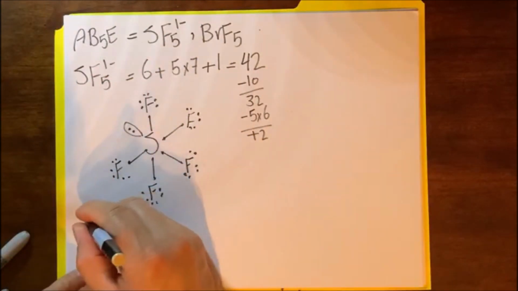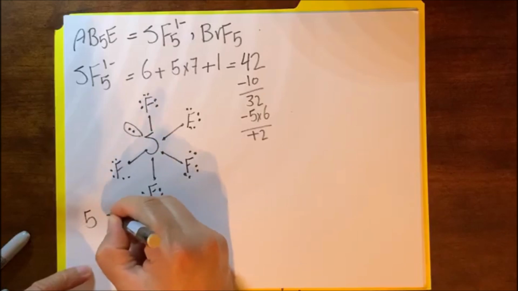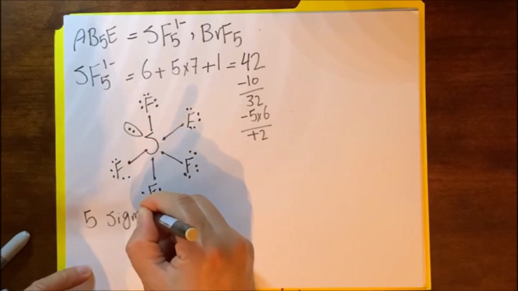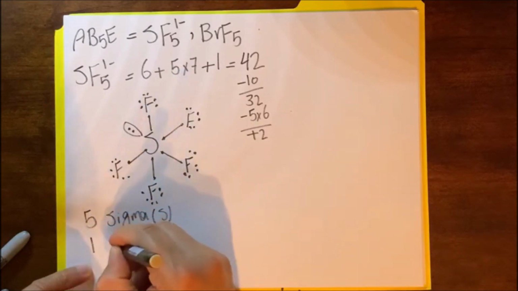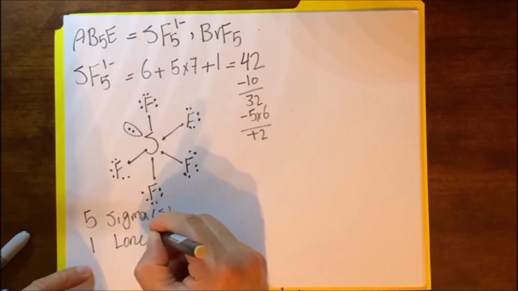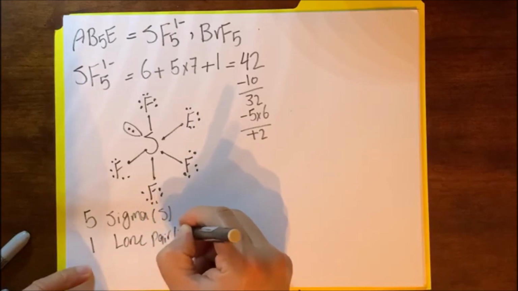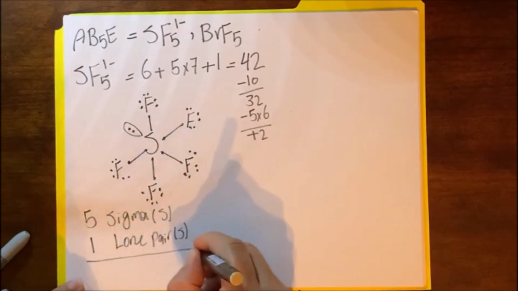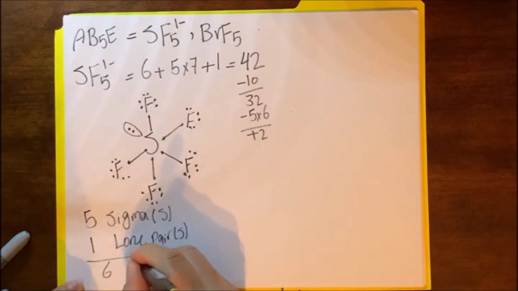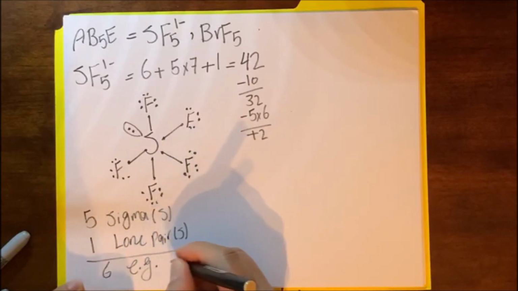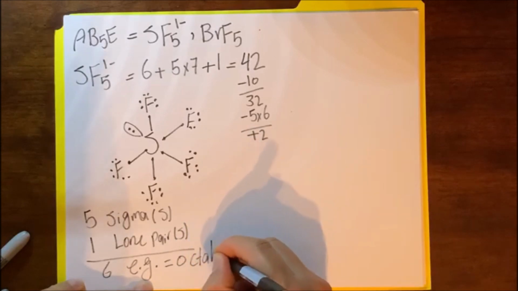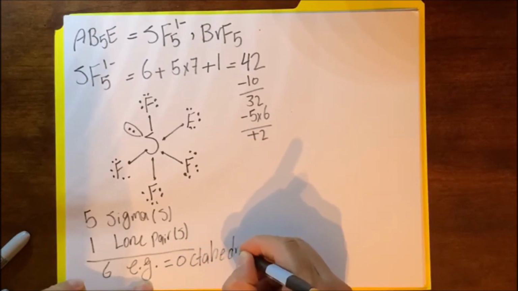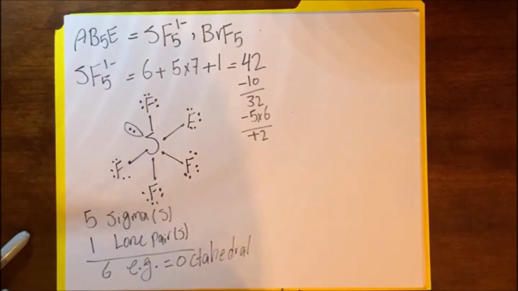We got 5 sigma on sulfur, 1 lone pair on sulfur, equal to 6 electron geometry. It will be octahedral.